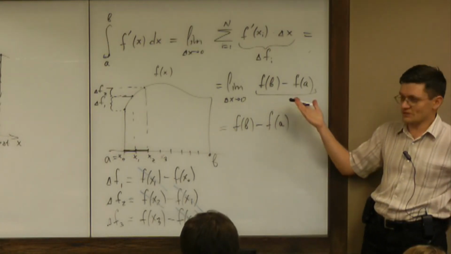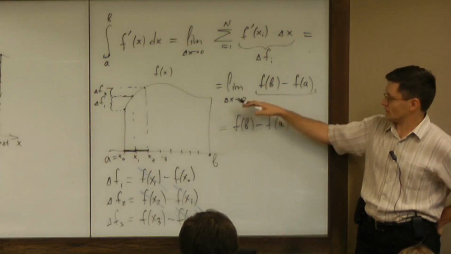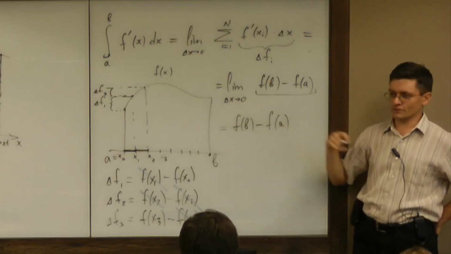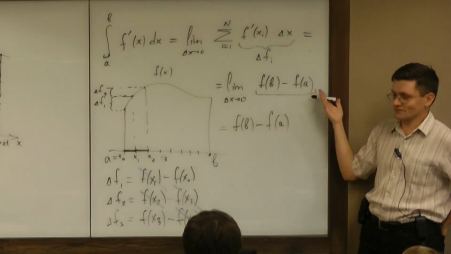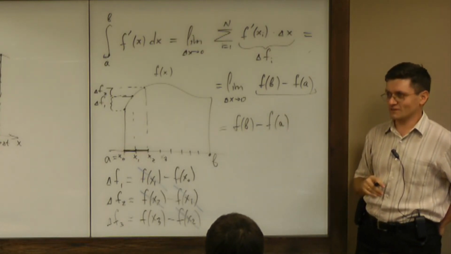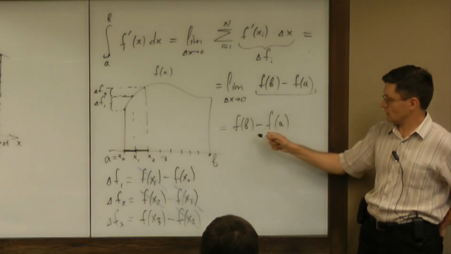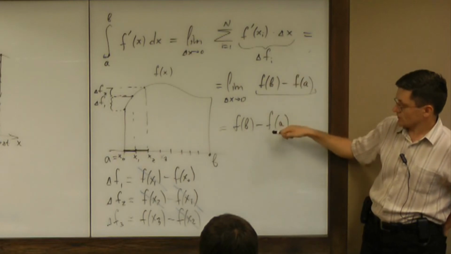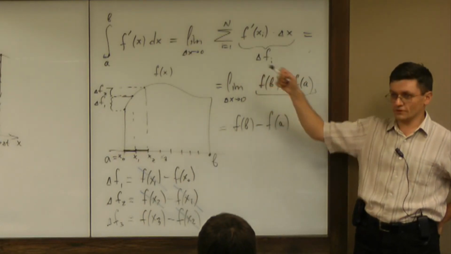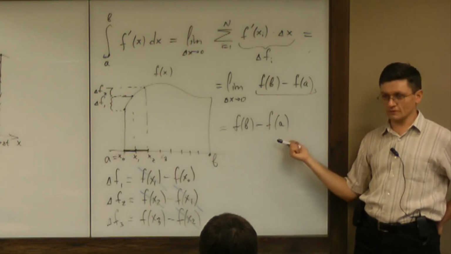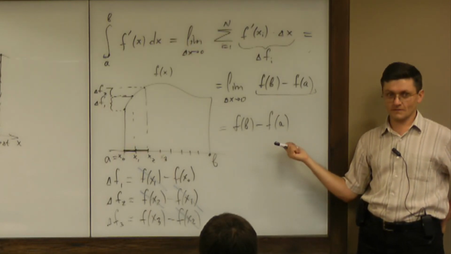So that kind of limit is very easy to find. If you're looking at the limit of something as delta x goes to 0, and that something has no delta x at all, well, that something remains what it was. So what we have is an explicit formula for the integral. We don't have any integral anymore, right?